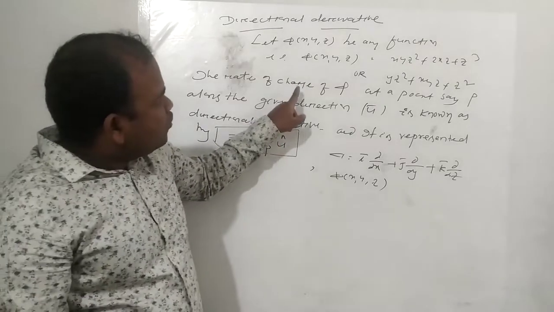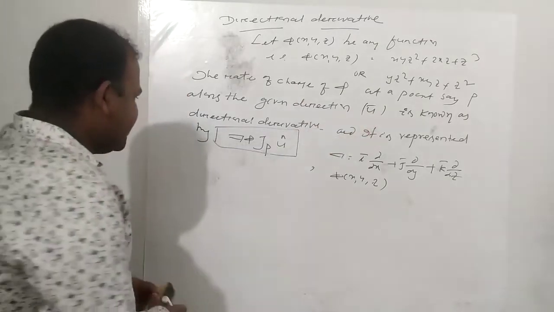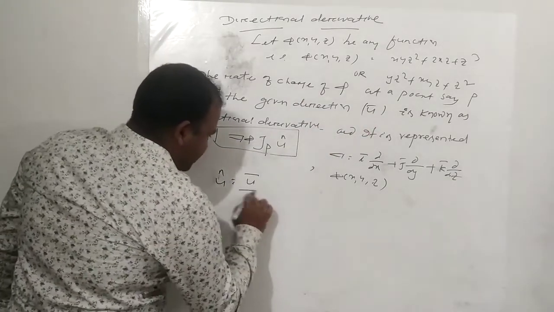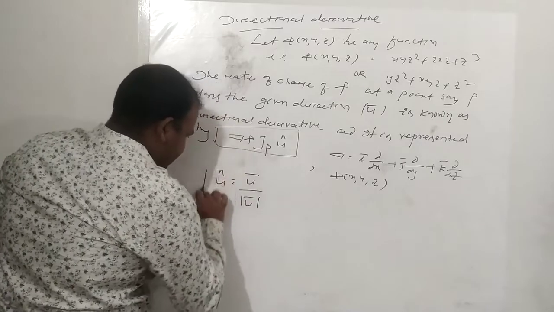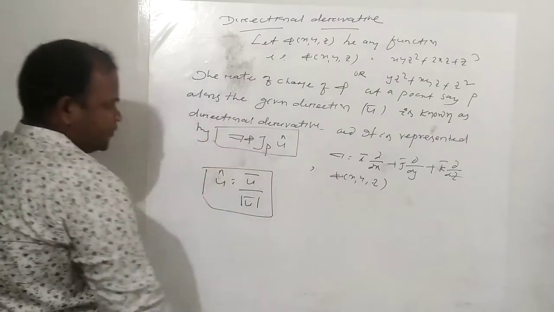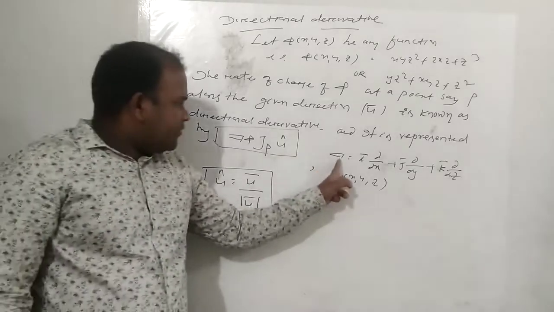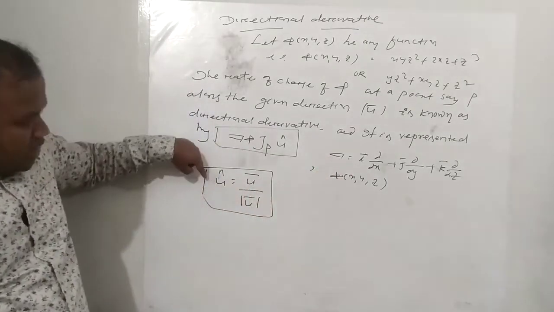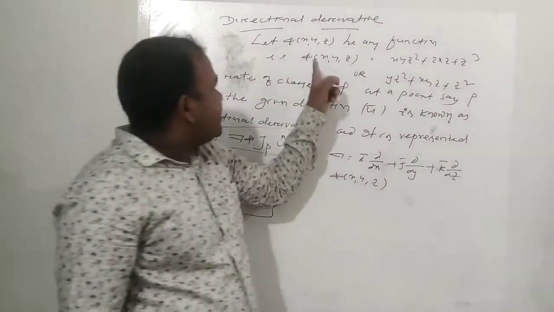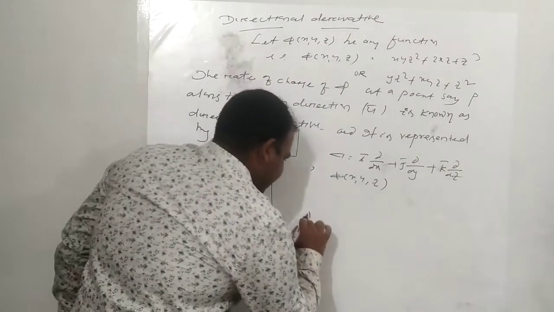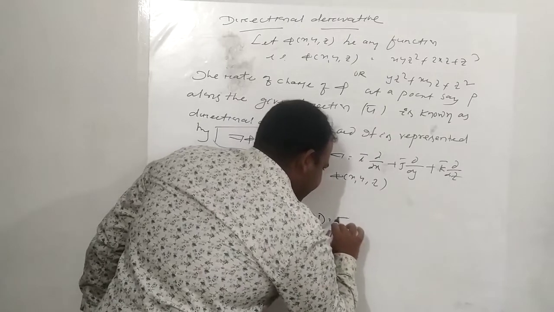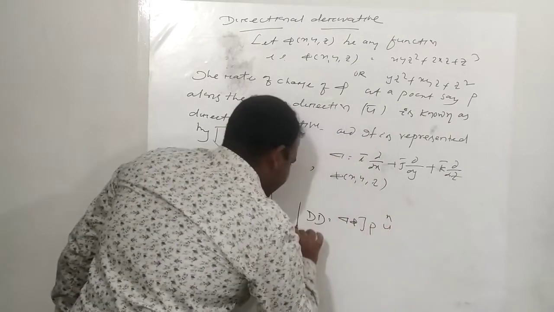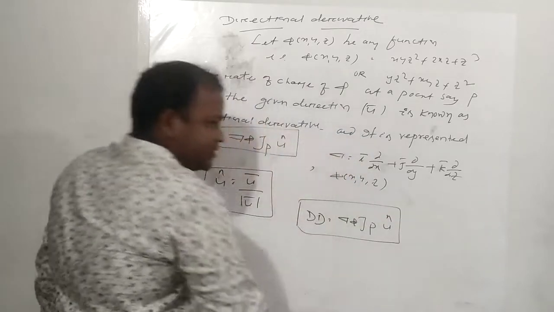From the u vector, u cap equals u vector upon modulus of u vector. So our del phi has come. After that you will calculate the u cap. Then the directional derivative will be del phi at the particular point P dot u cap.